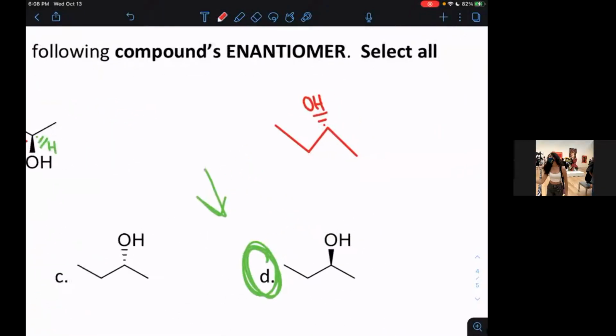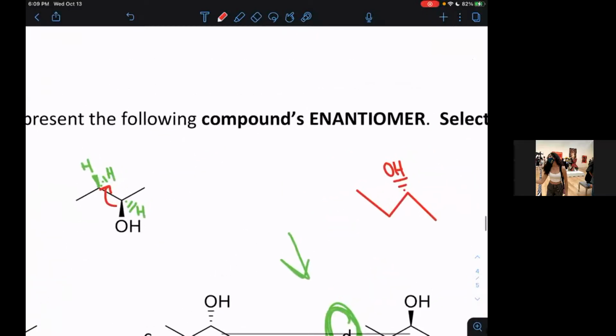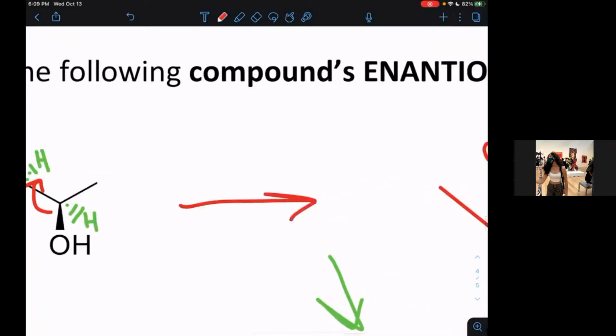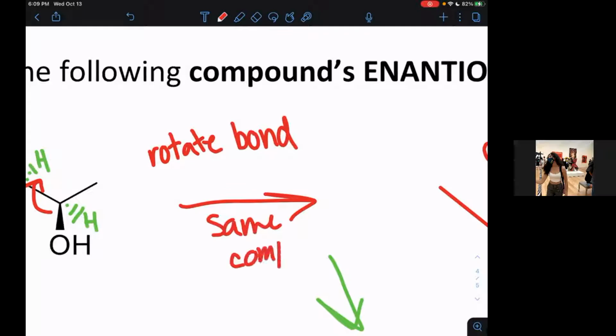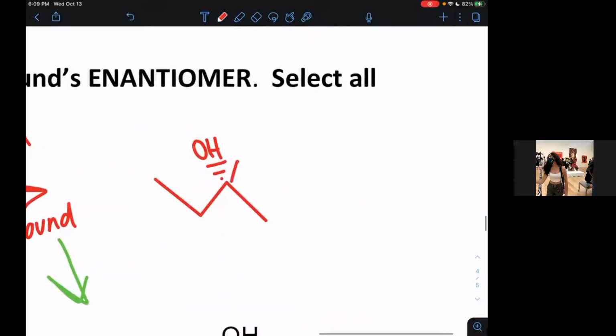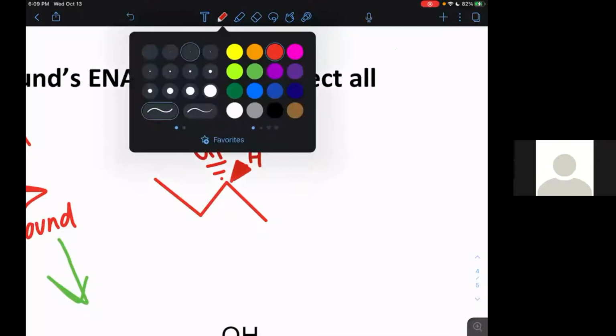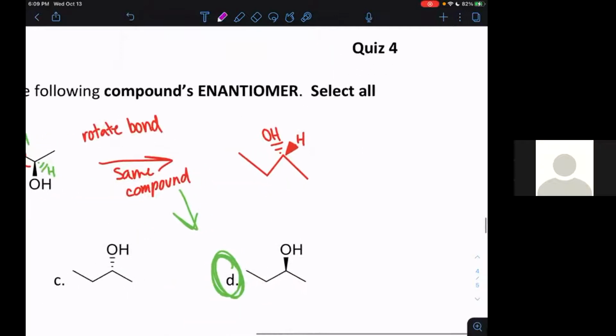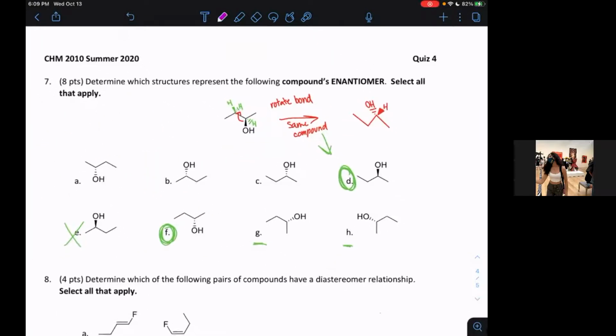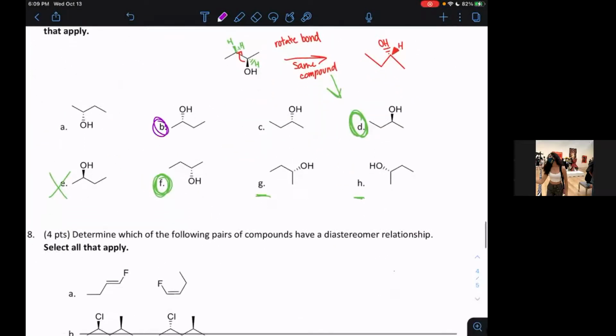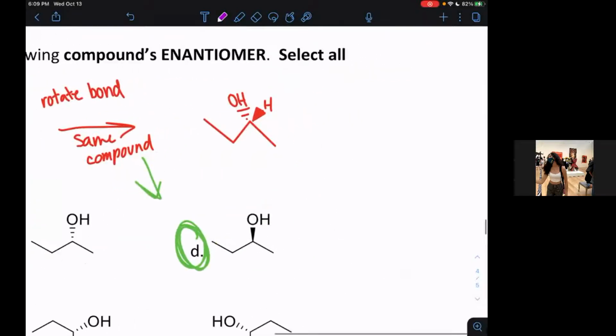Okay. Yeah. So let me just write that here. Okay. And then I'll leave this hydrogen here. Okay, so for this one, we said B would be, you could do a mirror image.